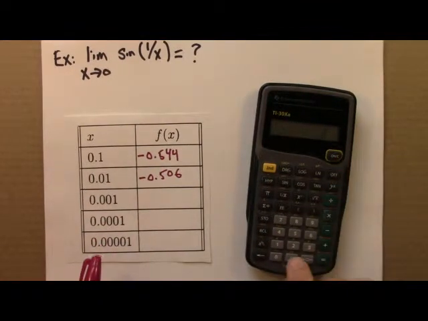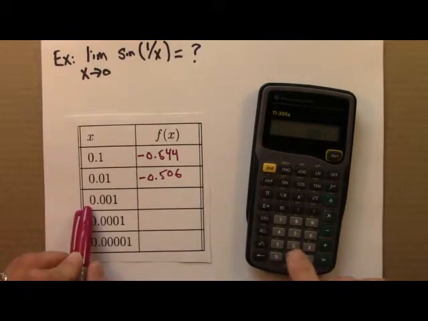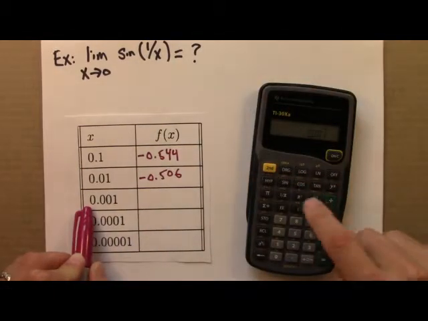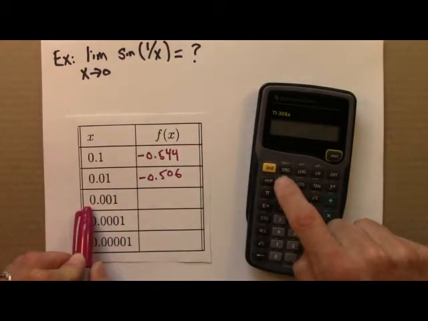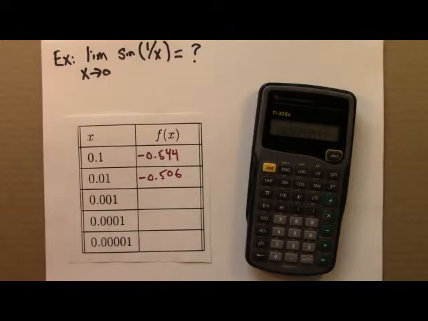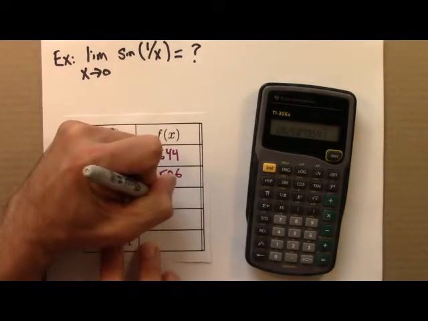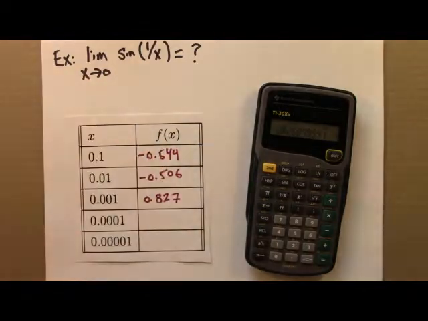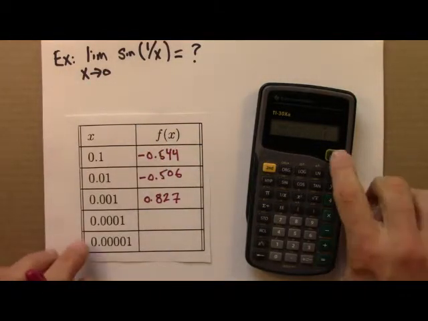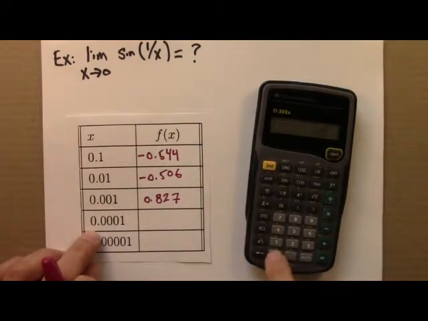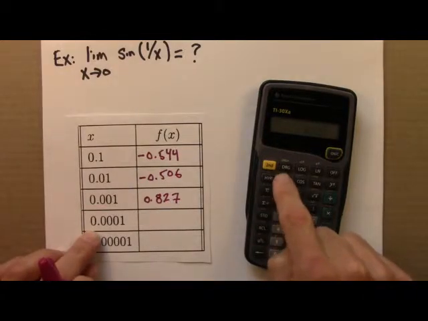Let's see. 0.001. I'm going to just plug in that number into the function. 1 over x. Sine that. 0.827. It's weird. Let's try one more. 0.0001. Upside down, sine it.